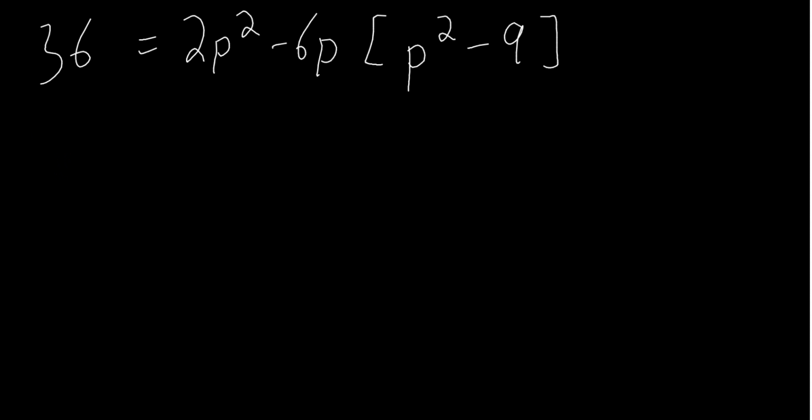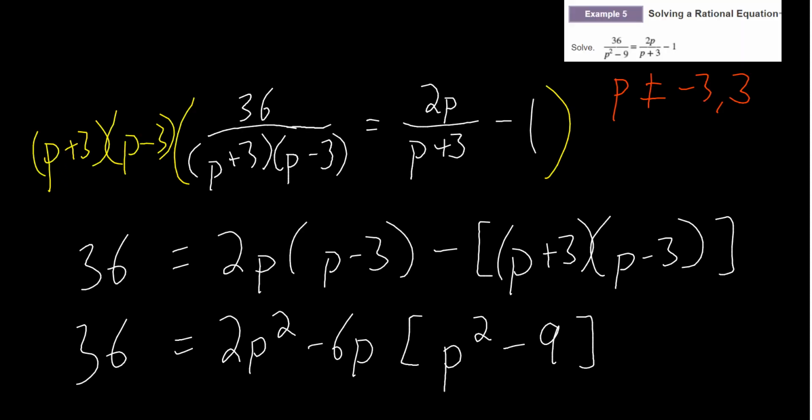So we've got 36 is equal to 2p squared. Oh, did I miss a sign there? I did. That's supposed to be a minus p squared minus 9, so let's fix that.